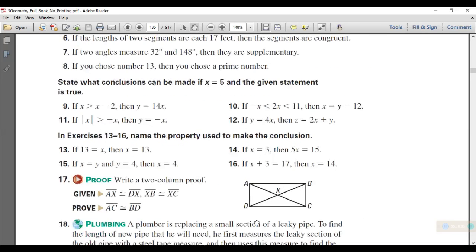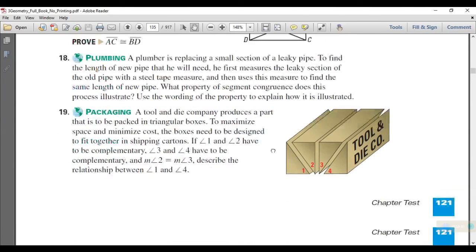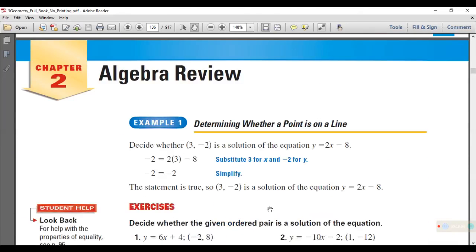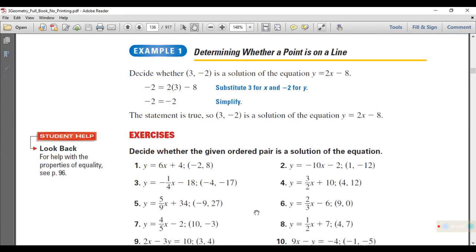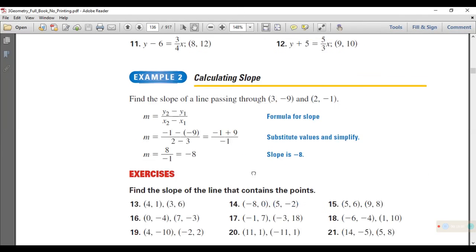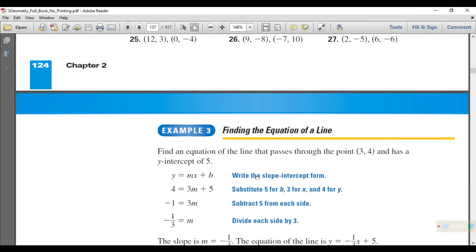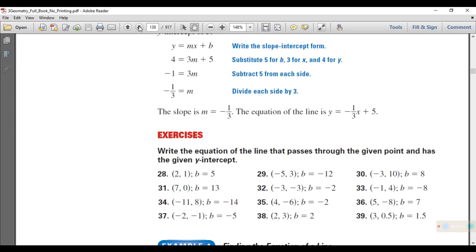Ito na talaga yung last. May chapter test na eh. Ang tagal. Pwedeng to na lang.